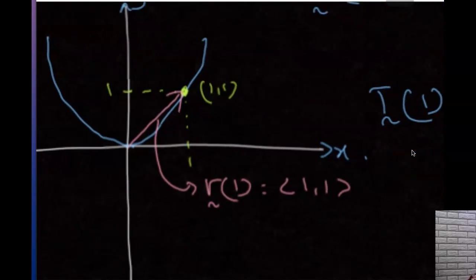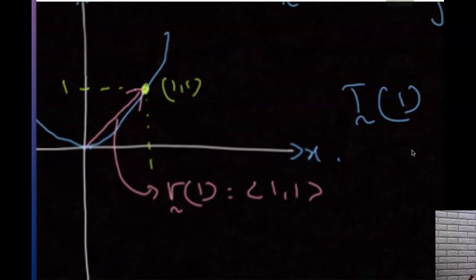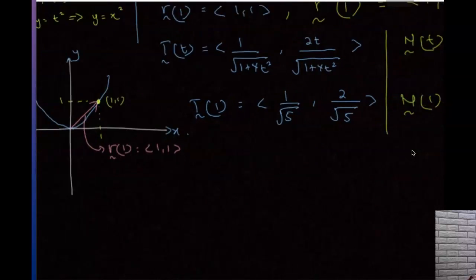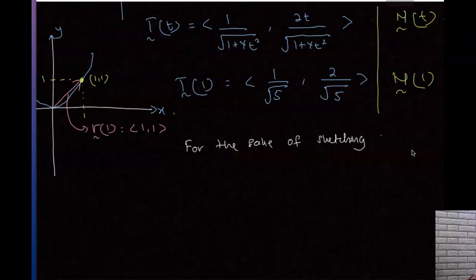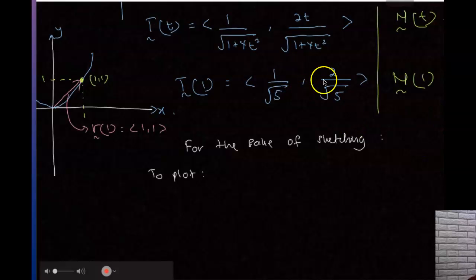Okay, now how can you provide that? You already obtained the tangent at t equal to 1. So now, just for the sake of sketching, sketching means to plot, and to plot, we plot the point first. So you have to add this to the position point.